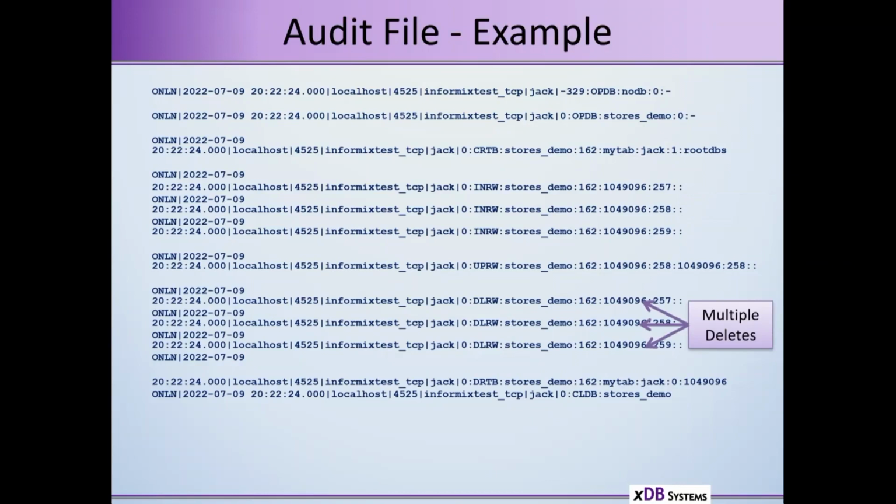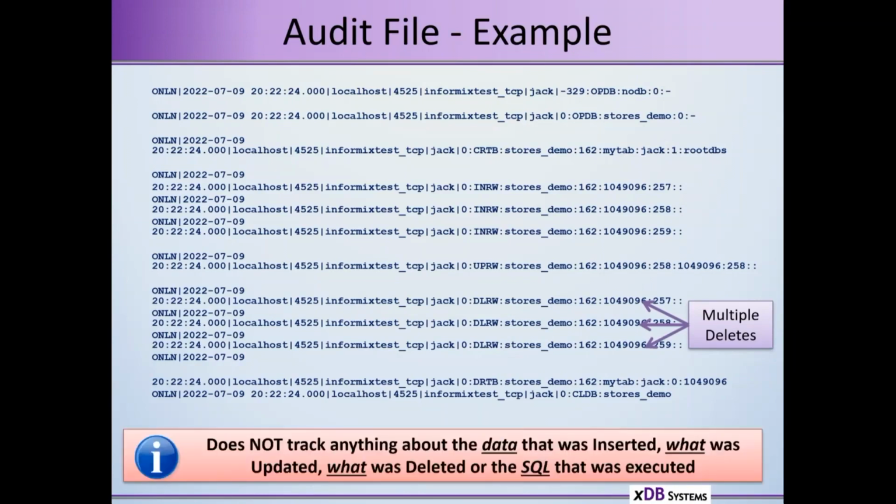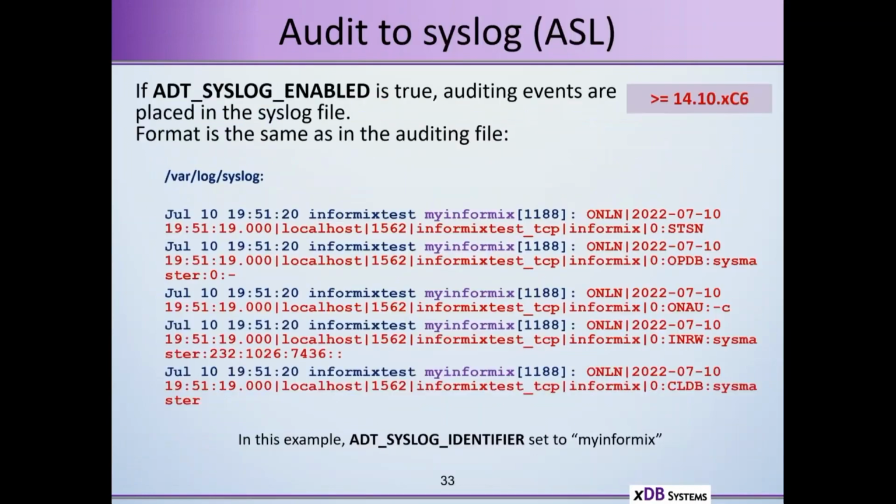So this auditing should be used with other mechanisms to secure the data in those other tables so you can track it better. I'm just saying there is a level of detail that is missing just by using Informix auditing.